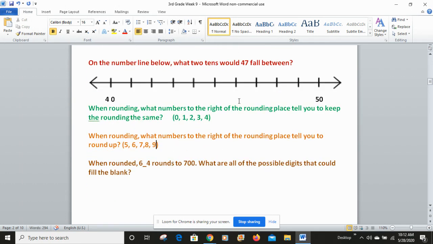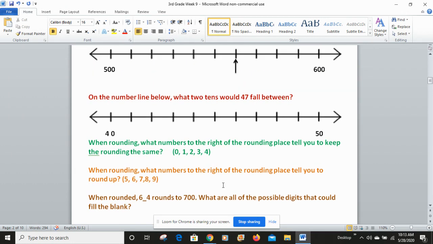And once again, if I have these digits, the rounding place stays the same. If I have these digits, the rounding place goes up 1. So if I want the 6 to raise up to a 7, I would have to use either a 5, a 6, a 7, an 8, or a 9. Any one of those digits could fit in here and change it to 700 when I round it.